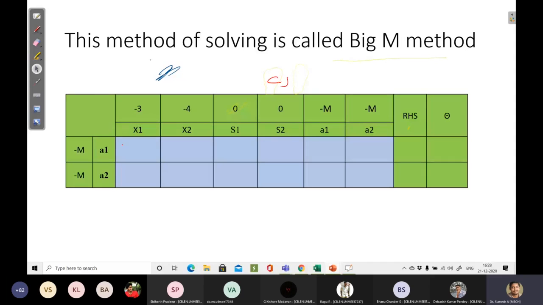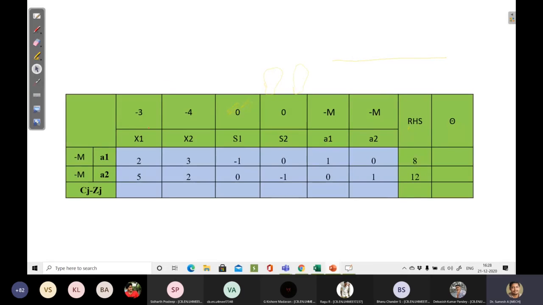Entering variables are A1 and A2, so A1 has a coefficient of -M and A2 has a coefficient of -M. That is written here. RHS of the equation is written over here. So please calculate and let me know what is Zj minus Cj or Cj minus Zj value.